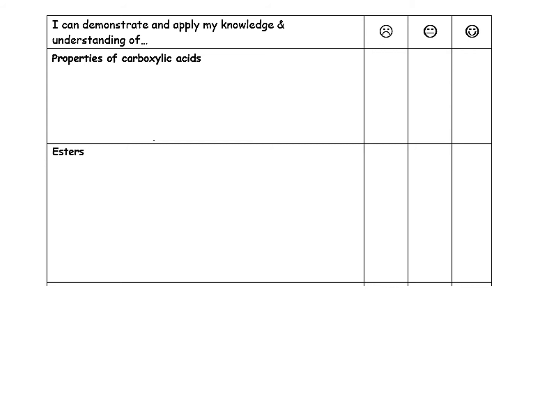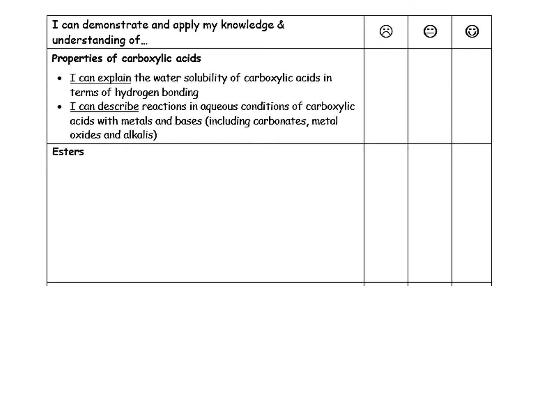So just to recap, the first one was about properties of carboxylic acids. So in that one, you should have learnt about the water solubility of carboxylic acids in terms of hydrogen bonding. And you should also be able to describe reactions in aqueous conditions of carboxylic acids with metals and bases.